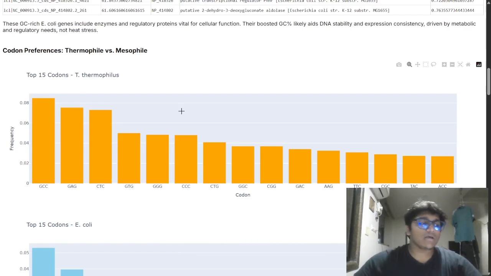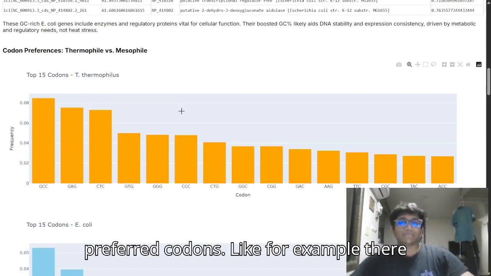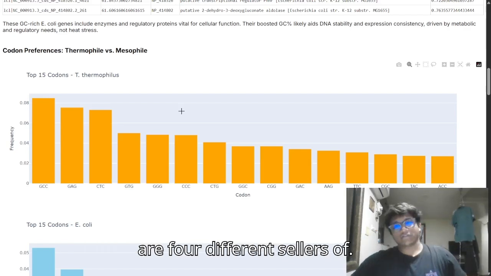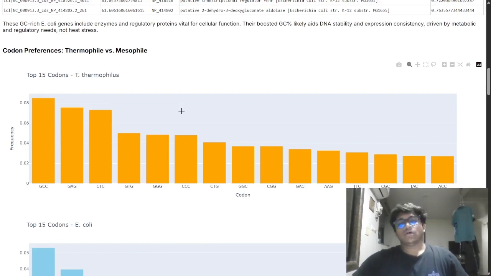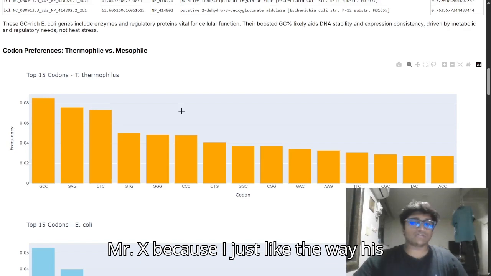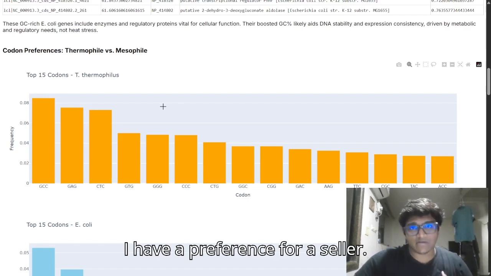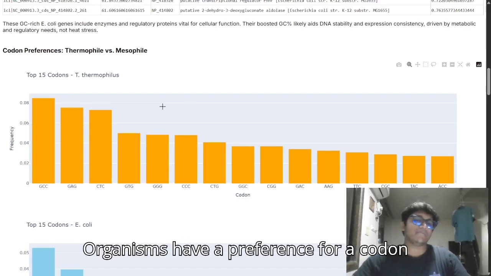So even cells or organisms have preferred codons. For example, there are four different sellers of potatoes, but I only buy my potatoes from Mr. X because I just like the way his potatoes are. Like that, I have a preference for a seller. Organisms have a preference for a codon.